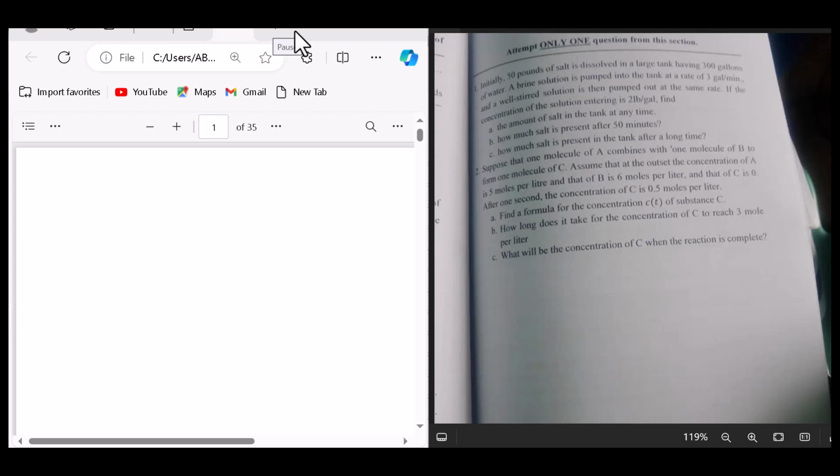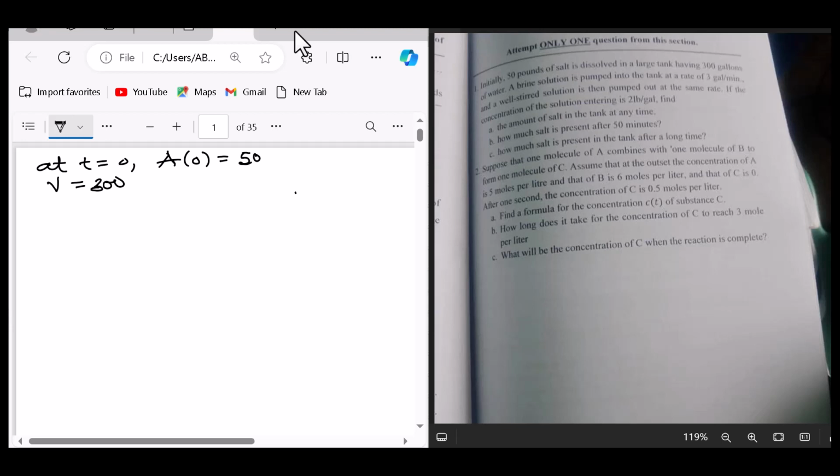That simply means that at t equal to 0, the amount of substance is equal to 50, like this. And then the volume of water is equal to 300.